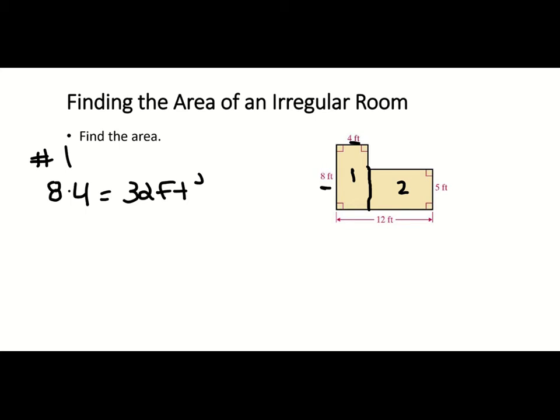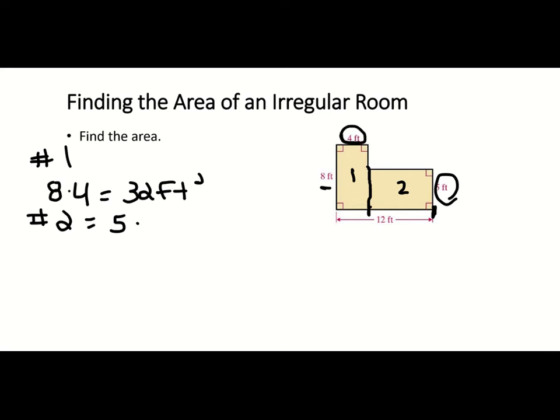And then for my second one, for the second part, let's see, this is 5. So I have the width, but the length, this whole thing is 12. But I need from here to here. So if this whole thing is 12, I'm going to look to this top part up here.